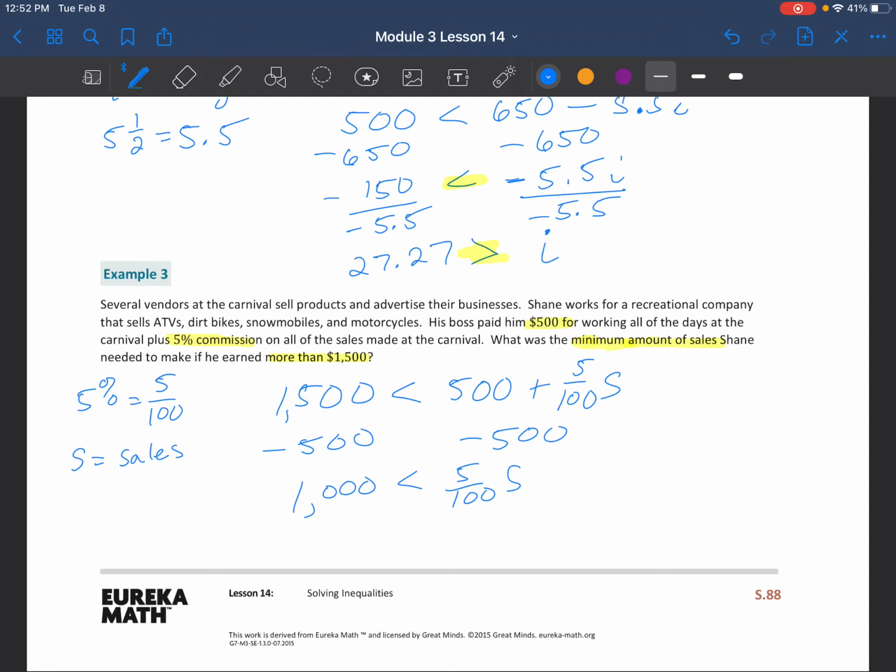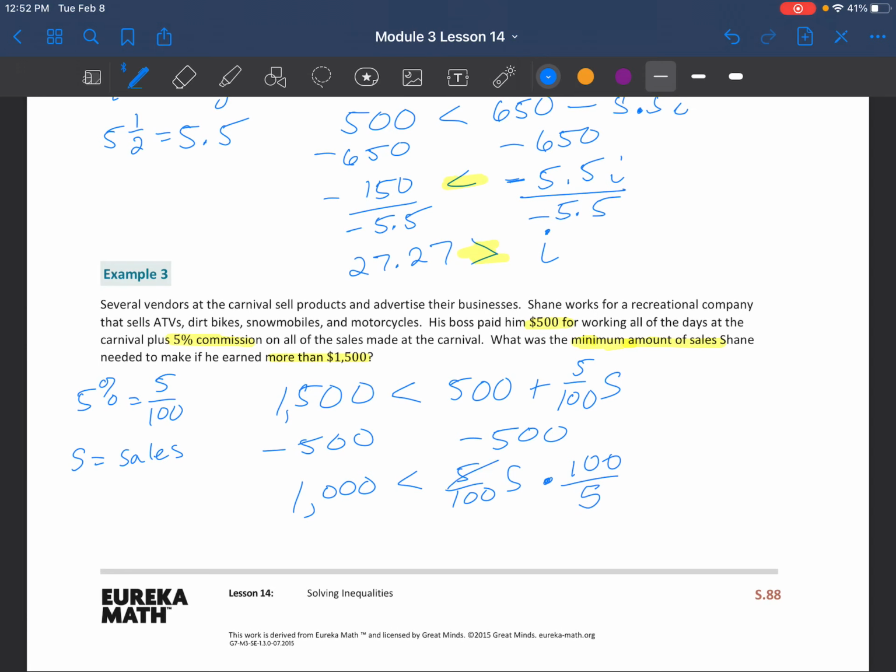Now we're ready to solve. Let's subtract 500 from both sides. This is 1,000 less than 5/100 S. So now we need to figure out what are we going to do to get rid of 5/100? So remember, really, that we're multiplying that.